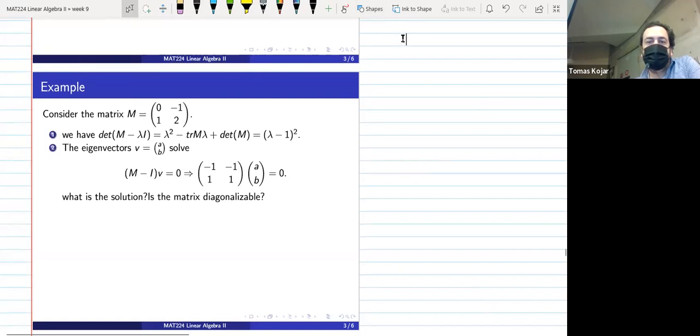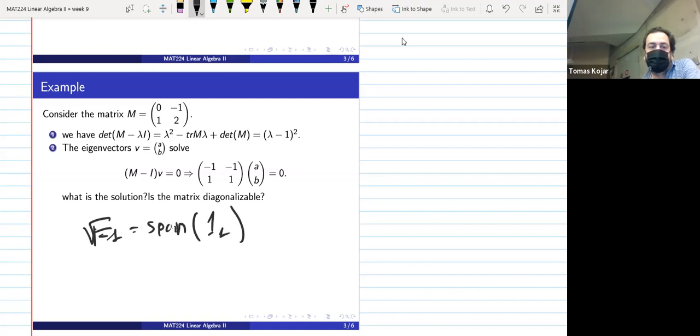Right, so is this matrix diagonalizable? Why not? What result do we have that gives this? Right, and so what's the geometric multiplicity here? Yeah, we found all the eigenvectors. So E of 1 is the span of 1, minus 1, whose dimension is 1, right?